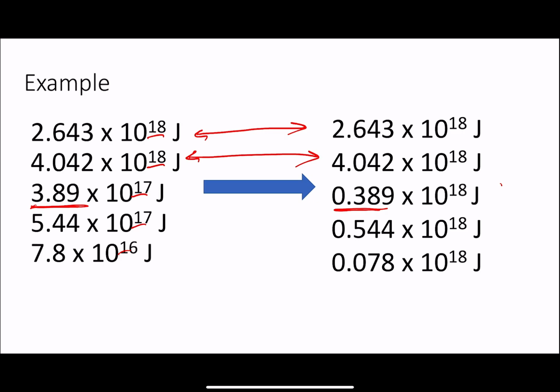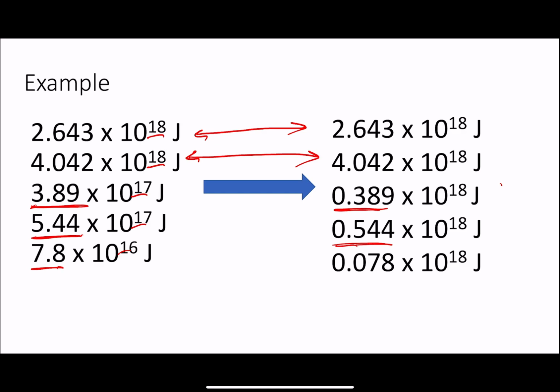So that when you go and change it to the 18th power, then they will be the same value. You're not changing the value at all, you're just changing the exponents to reflect that. Same thing with this next one right here. Instead of 5.44, we have 0.544. And again, if you write that out, it should be the same number. Nothing should change except for the exponent.